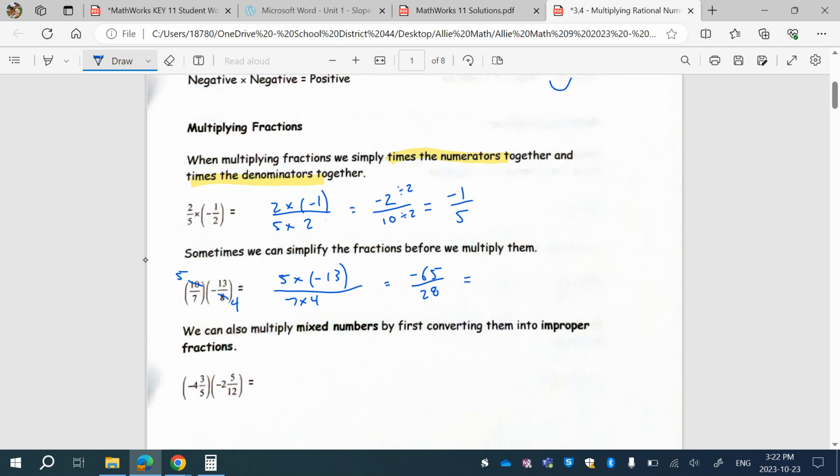So we have to ask ourselves, how many times does 28 go into 65 without going over? I know it can go at least 2, and that would give us 56. So 2 would be our big number. Then we'd have 56. To get from 56 to 65, we go up by 4 and then 5 more, so we should have 9 over 28.